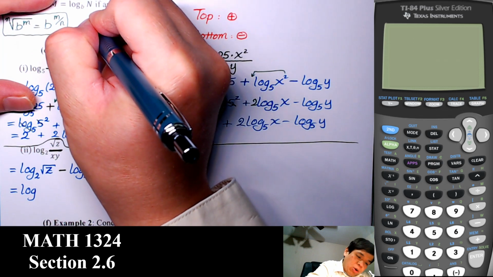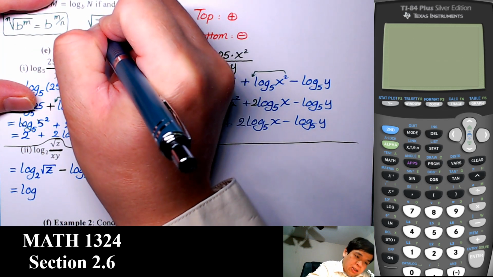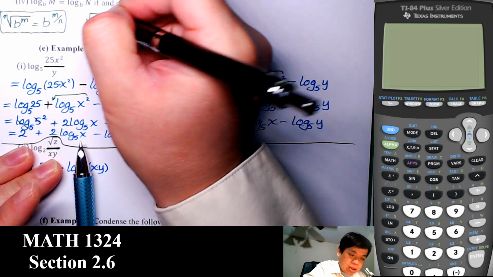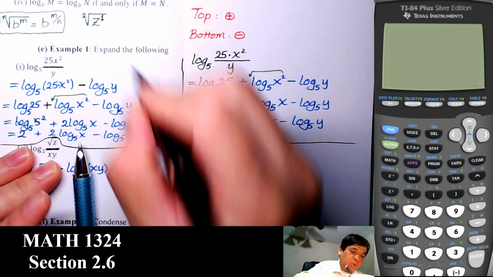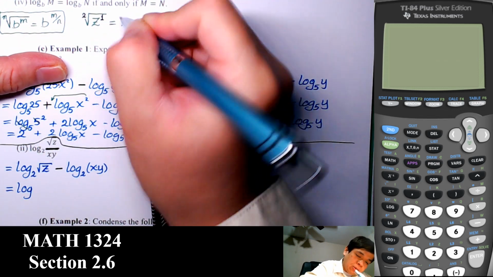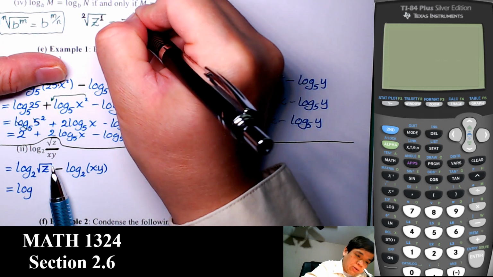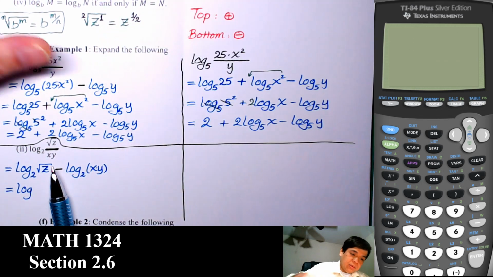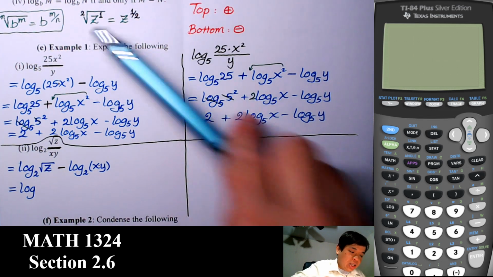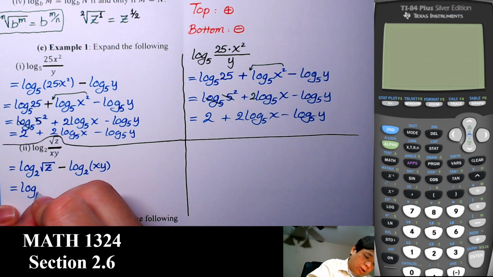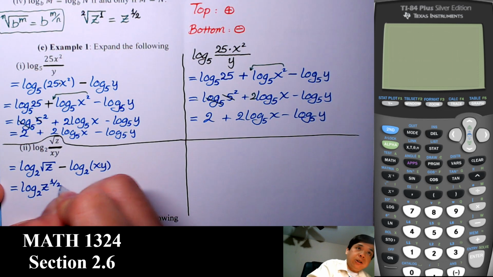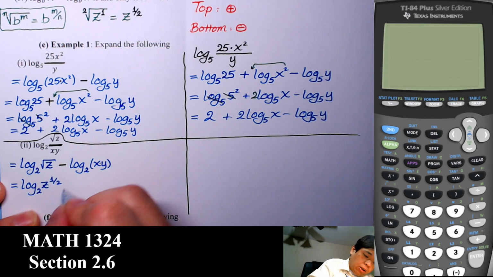So if we have the square root of z, by default we can say this to the first power is the same thing as square root. We don't really need to write the 2, but that's essentially what we have. That's z to the 1/2. Right, so I write that z to the 1/2 is equivalent to square root.